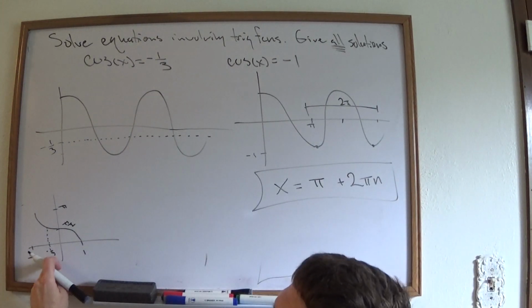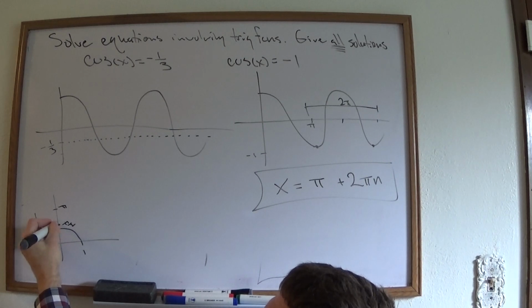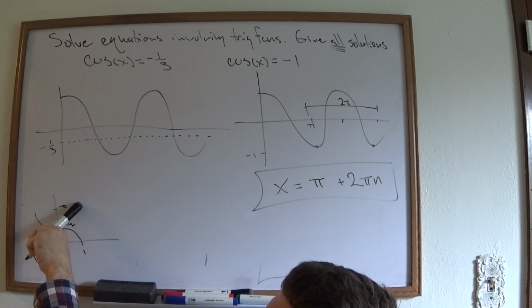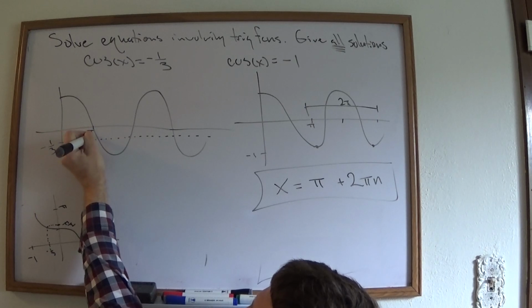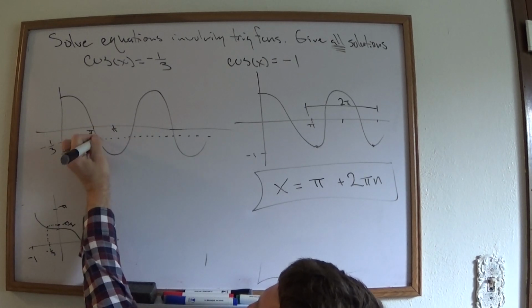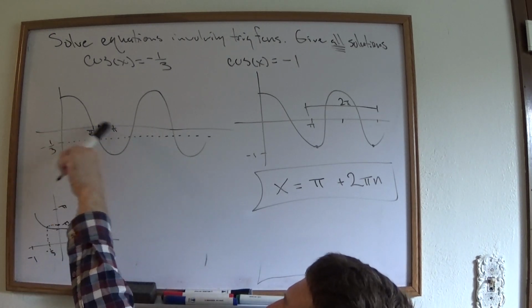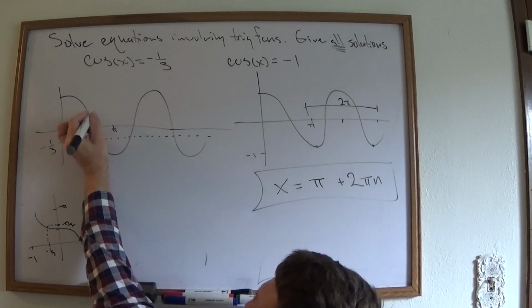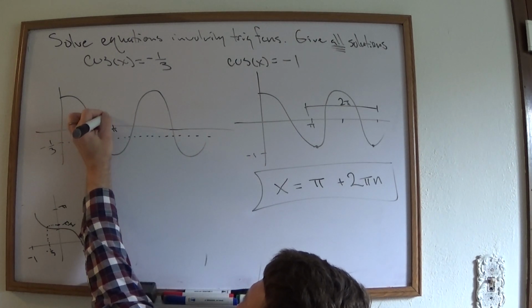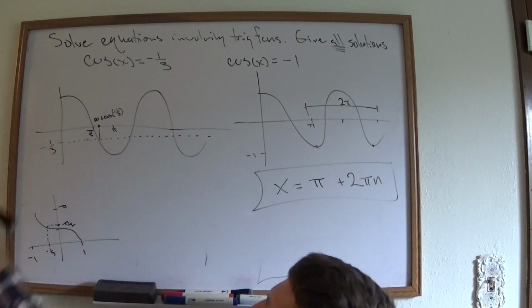So I plug in negative 1/3 and I get a value that's between pi over 2 and pi. So if that's pi over 2 and this is pi, then my value should be somewhere between pi over 2 and pi. So this point right here is arc cos of negative 1/3, right?